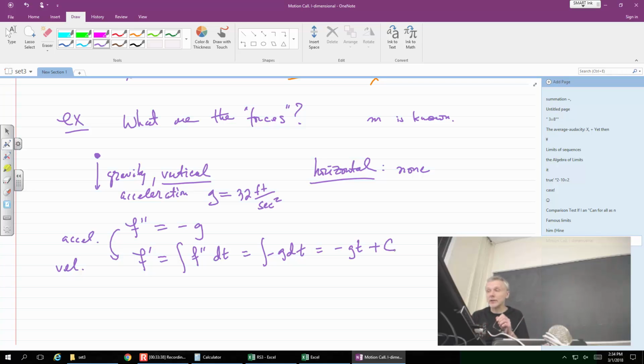Look at it. It's a linear function. Negative gt plus c is a linear function, and they differ by a constant. Okay, so just shifting those lines. The slope is negative g.